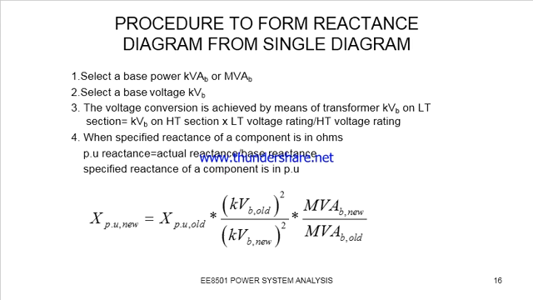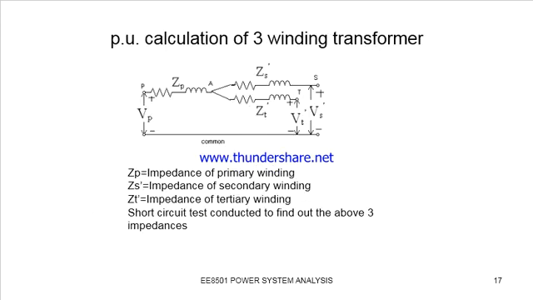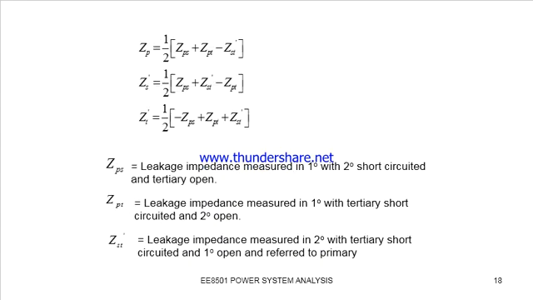Initially we will consider the generator as a reference, from where we can start the calculation. While crossing the transformer, we have to consider the transformation ratio for getting a per unit value corresponding to the primary side. Then we can go for these equations. Directly we will get all the per unit values, and finally we can draw the diagram. These are nothing but the leakage impedances.